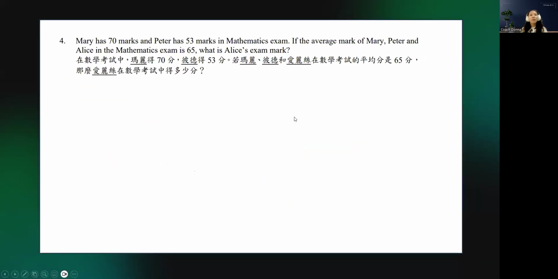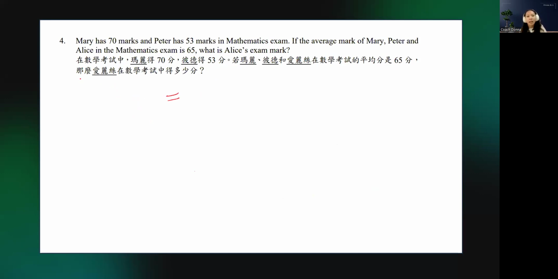For number 4, Mary has 70 marks and Peter has 53 marks in mathematics exam. If the average mark of Mary, Peter, and Alice in the mathematics exam is 65, what is Alice's exam mark? So what we're going to do here is you can actually write it like this, or we could have the shortcut formula.